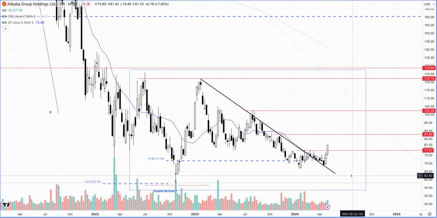On the fundamental level, Alibaba has actually announced fairly large stock buybacks, which is something that helps propel the price of the stock, and investors like that. The reason is that the supply, or the outstanding number of shares, is reduced, and that is beneficial for the existing shareholders.